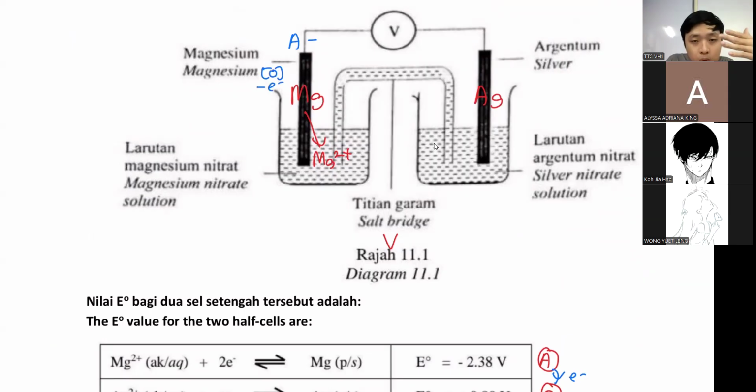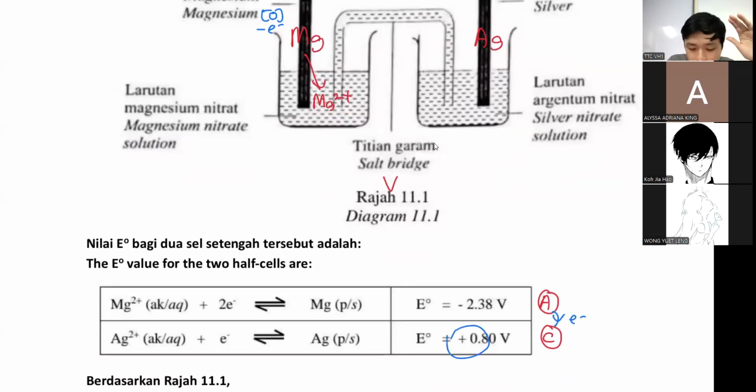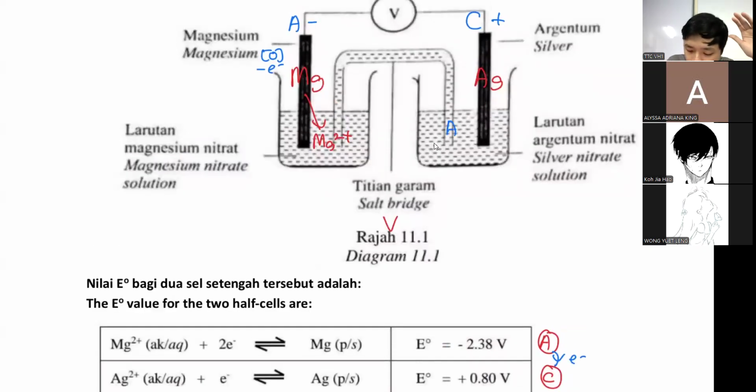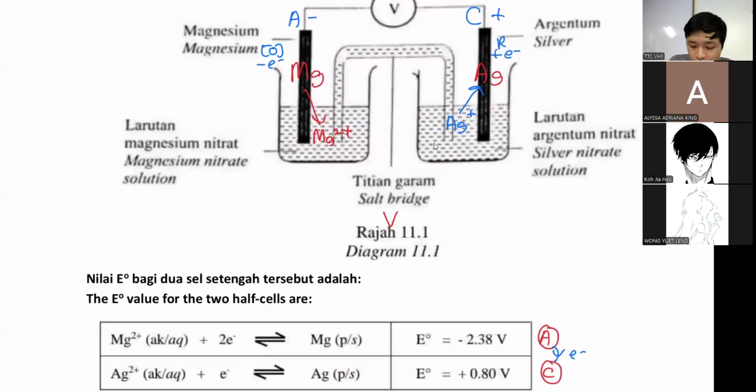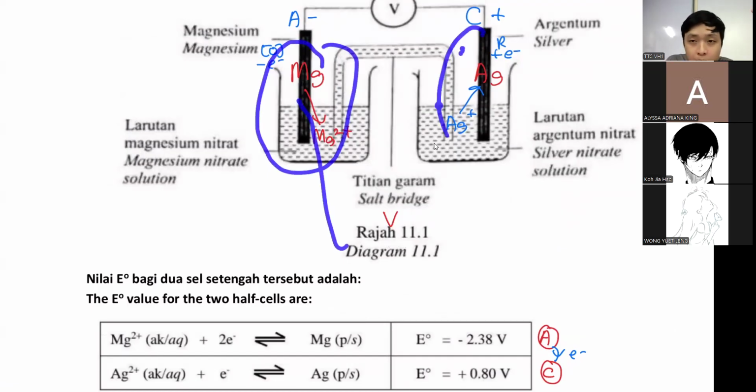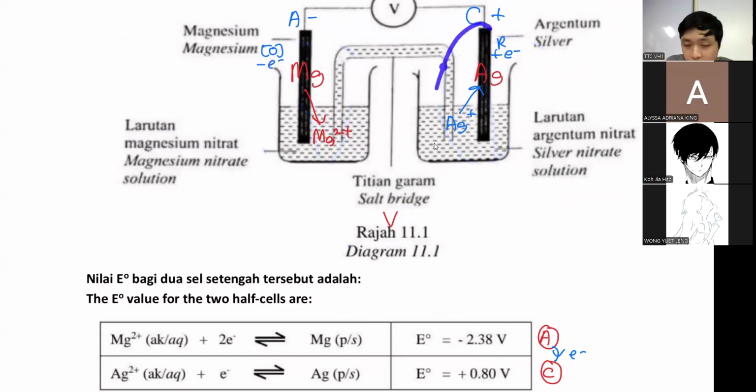At silver, the cathode, positive, Ag+ becomes Ag. This one undergoes reduction by receiving an electron. So it becomes thinner at the anode, thicker at the cathode, and you get a gray solid deposited.